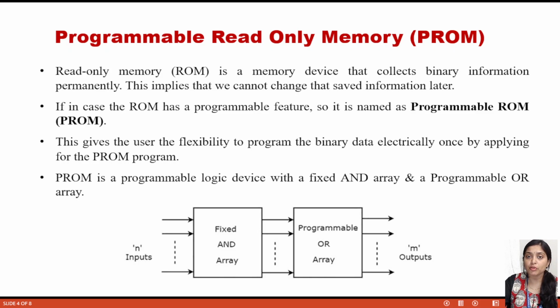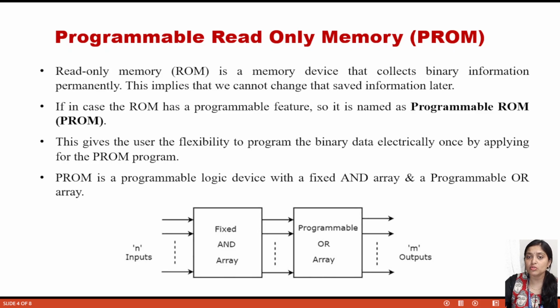Before going to PROM, what is ROM? ROM is a memory device that stores binary information permanently. This implies that we cannot change the saved information later. In this case, the ROM has a programmable feature, so it is named programmable ROM or PROM.